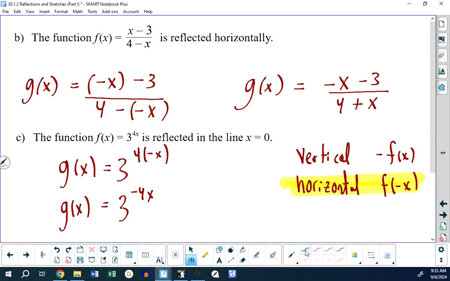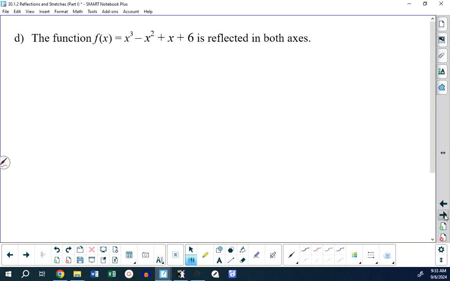Okay. Final one, this function is reflected in both axes. So what that means is that the new function, after a horizontal reflection, would be this, but then if we're going to reflect it vertically, we have to multiply that result by negative 1.